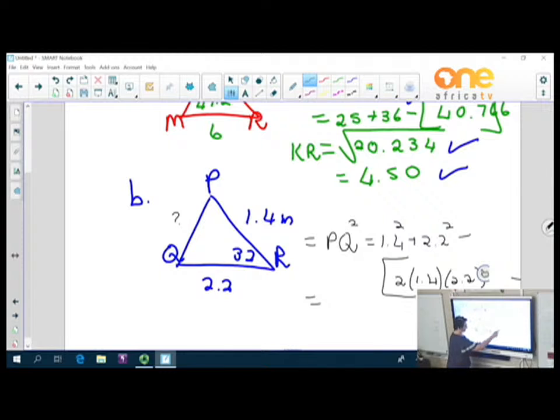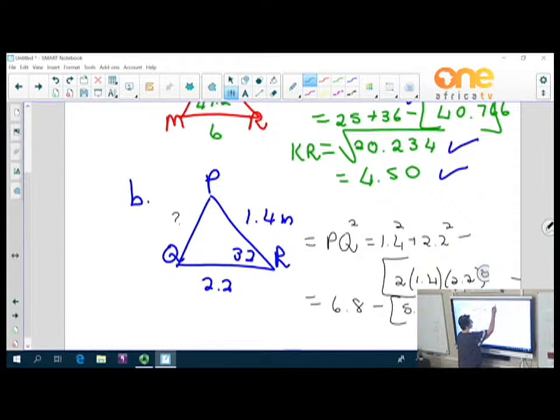So let's start there. 1.4 squared plus 2.2 squared is equal to 6.8, minus, now we're going to get this value here. It is then 2 times 1.4 times 2.2 cosine 32, which is equal to 5.2239.